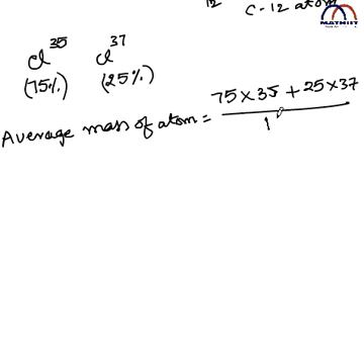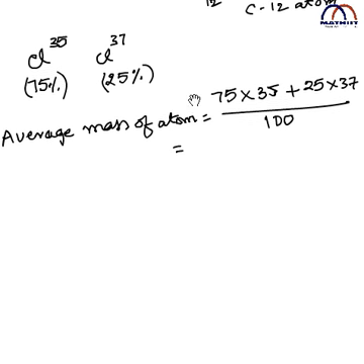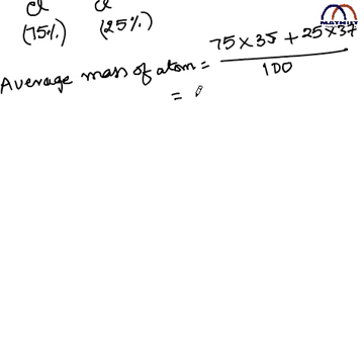Then the total number of atoms possible is 100 if you take. So on simplifying this, you will get 35.5. If it is a gram atomic weight, then we can write it in grams. This is the reason why we are getting the fractional atomic weights.